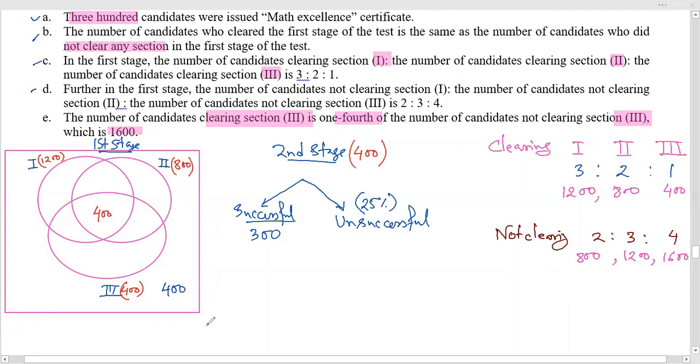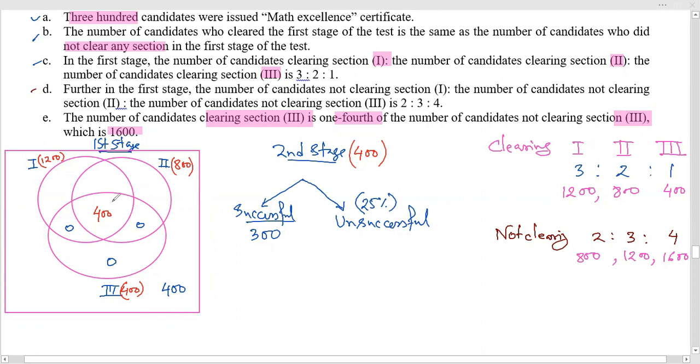So what extra added information am I finding from here? Other sections all are 0. This is 0, this is 0, this is 0. So that 400 and this 400 is matching. Achha, this is 800. So 400 and these two addition will be 400.